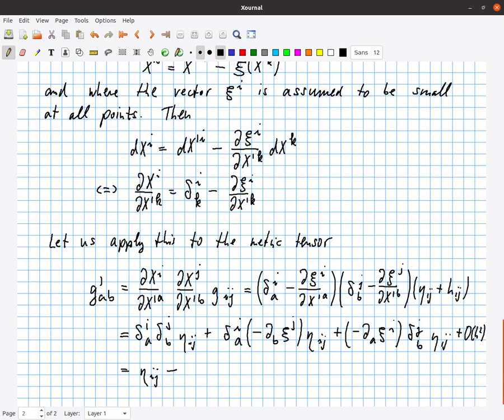We get eta aj, and the j becomes an A. So minus partial b psi a, minus partial b psi a, ab.